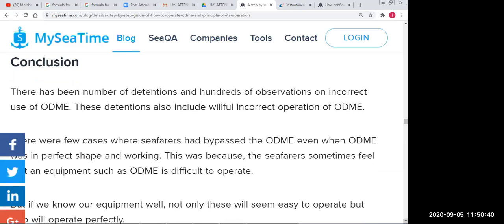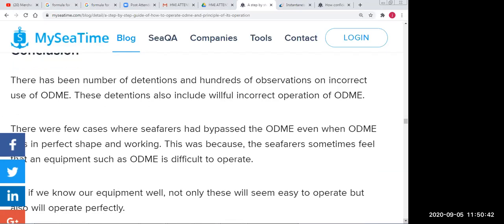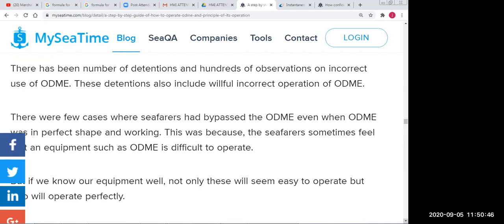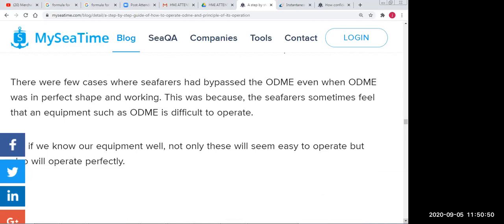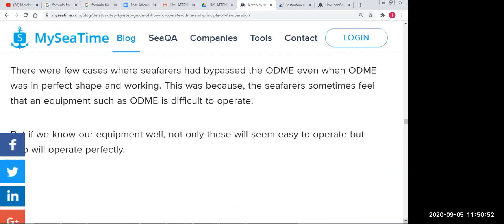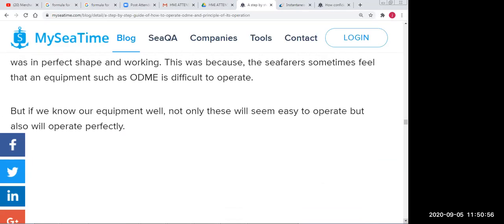Even after doing all these things correctly, there have been a lot of detentions and observations for incorrect use of ODME, and sometimes people bypass it because they don't know how to use it properly. It is a violation of MARPOL and a very serious offense. So we have to know our equipment well, always use ODME correctly, and test it monthly.